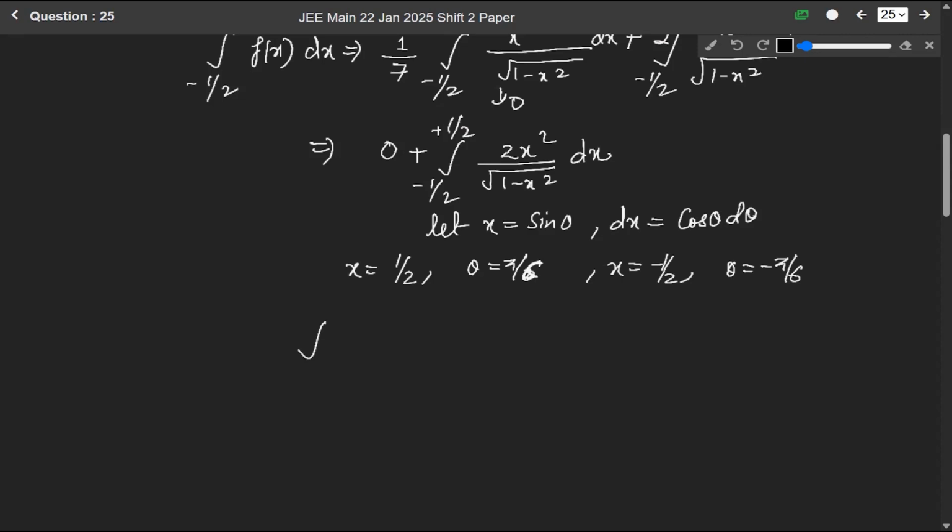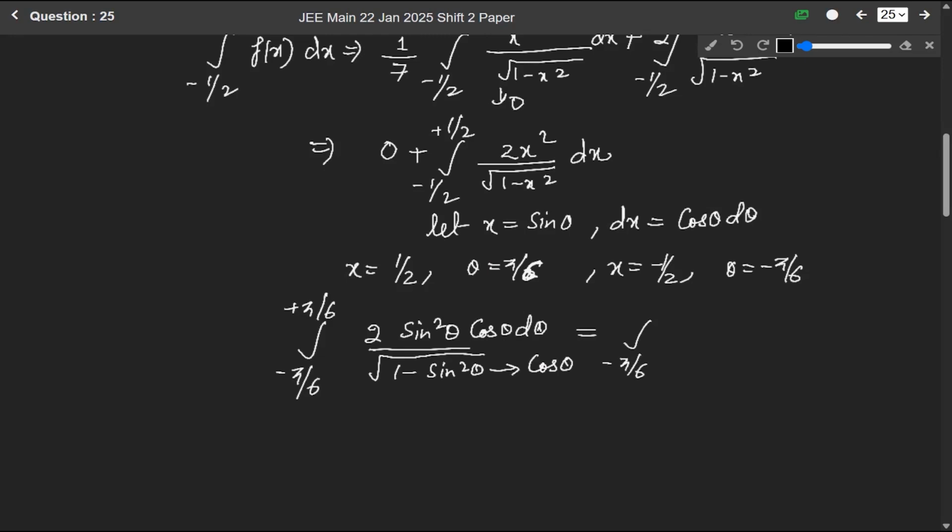So we'll put here, minus pi by 6 to plus pi by 6, 2x square means 2 sine square theta, and dx is cos theta d theta, and under root 1 minus sine square theta will be cos theta. Okay. So this is the integral from minus pi by 6 to plus pi by 6 of 2 sine square theta cos theta d theta over this cos theta.